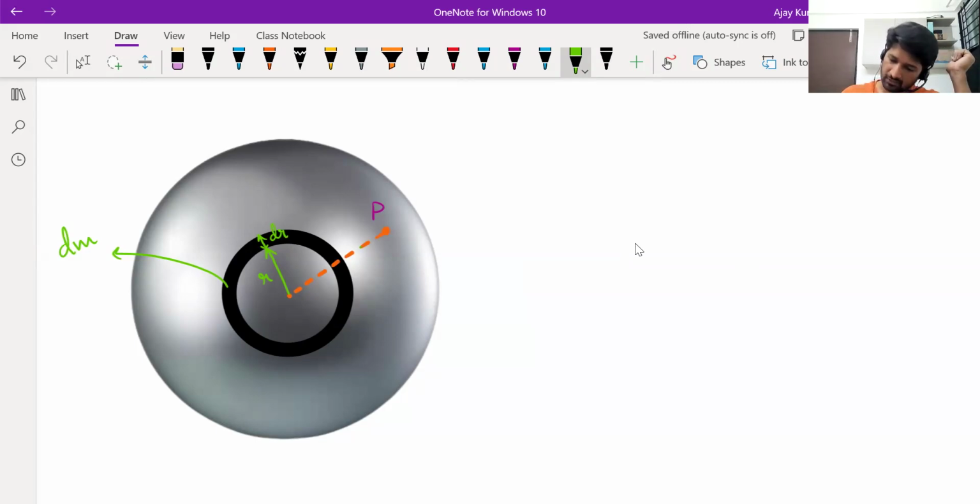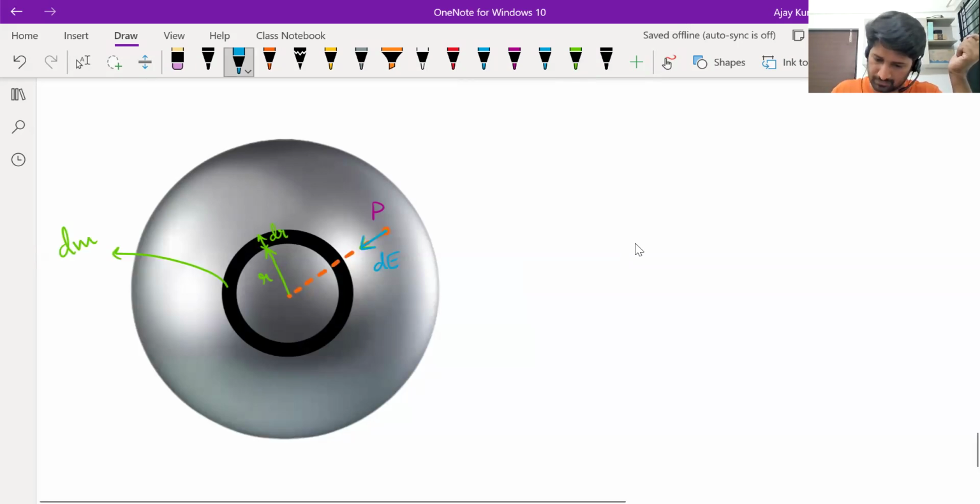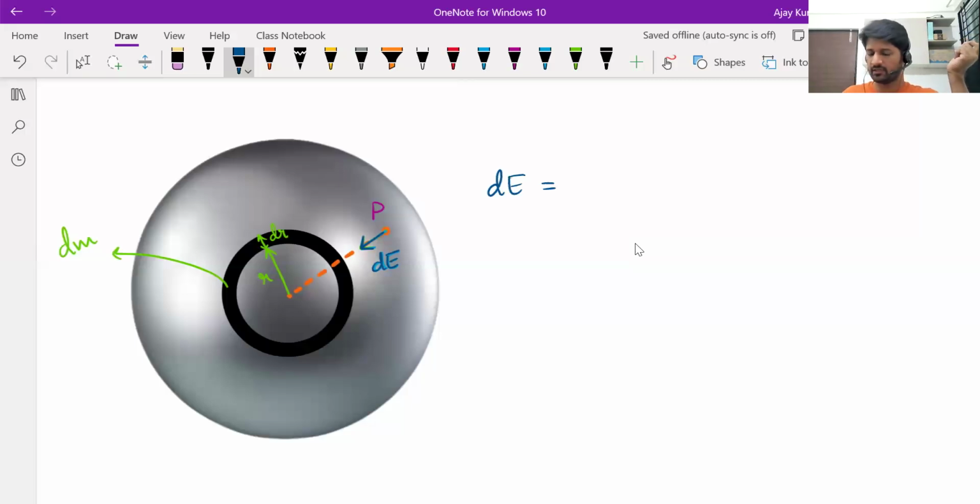How much field will it create at P? Let's call that field dE, some small amount of field.